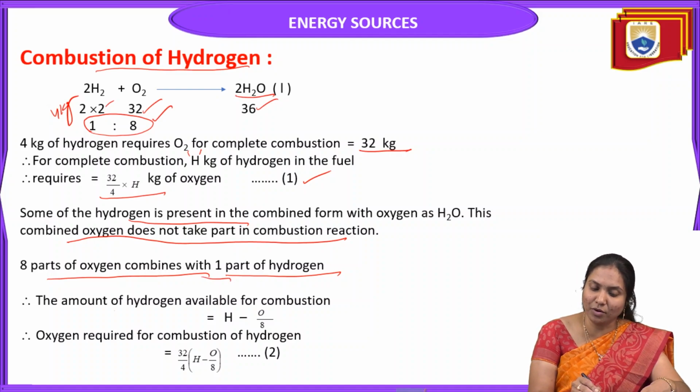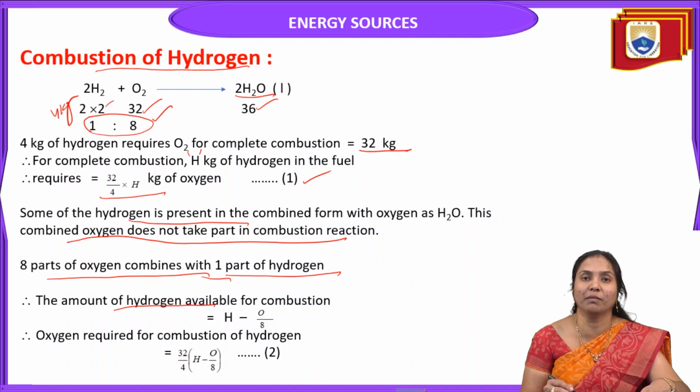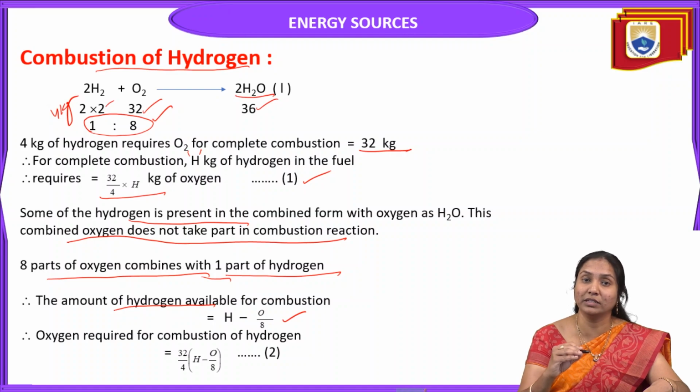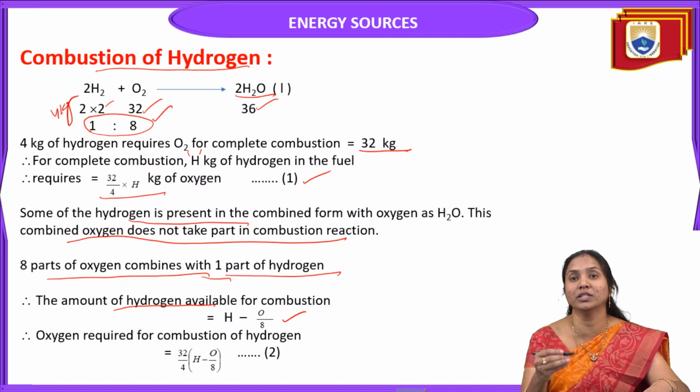So the amount of hydrogen available for combustion is equal to H minus O by 8. If oxygen is present in the fuel, hydrogen combined with oxygen gives H2O, and the combined oxygen we cannot consider in this combustion reaction.